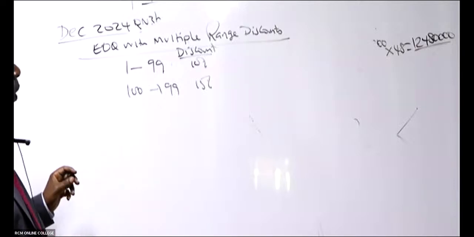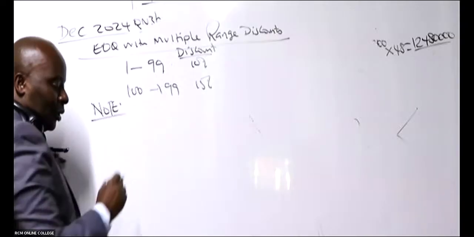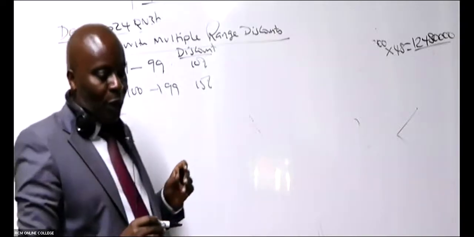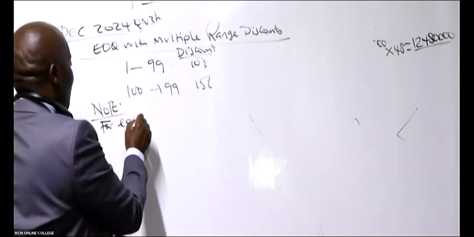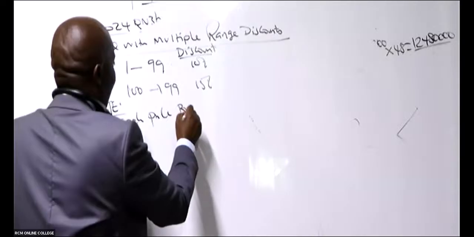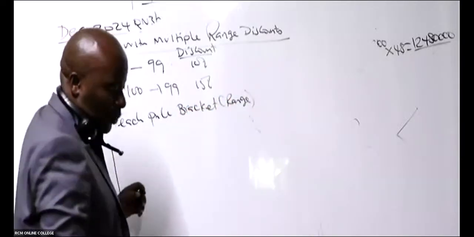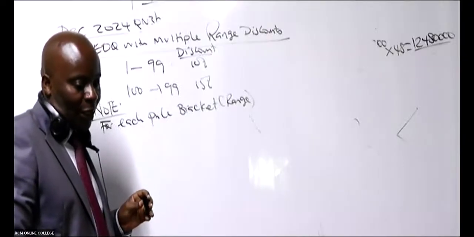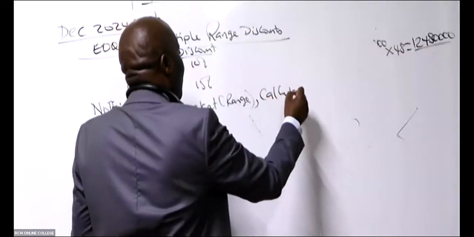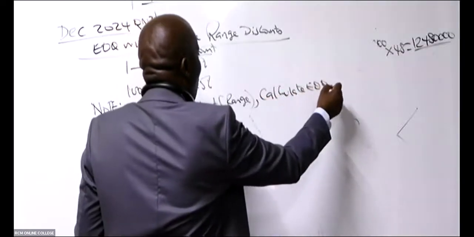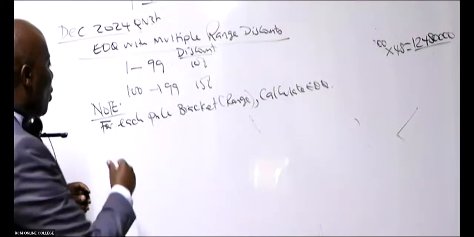Ladies and gentlemen, what you're supposed to know here, and we shall start by writing a note: for each price bracket, into bracket range, calculate EOQ, calculate economic order quantity. Full stop there. Now, dash one.